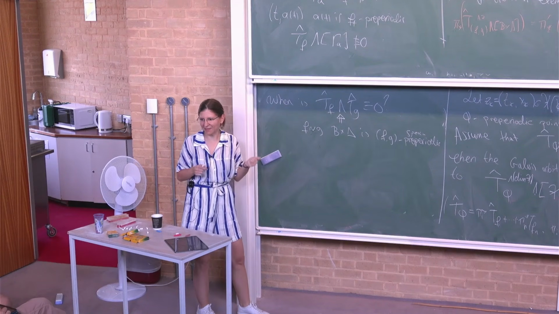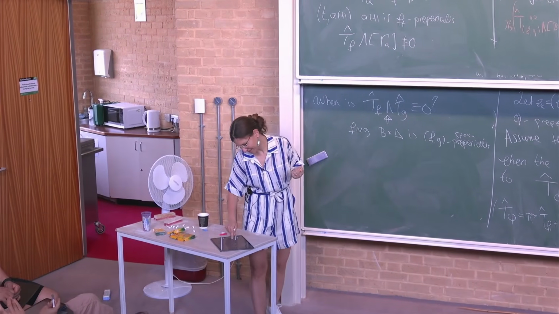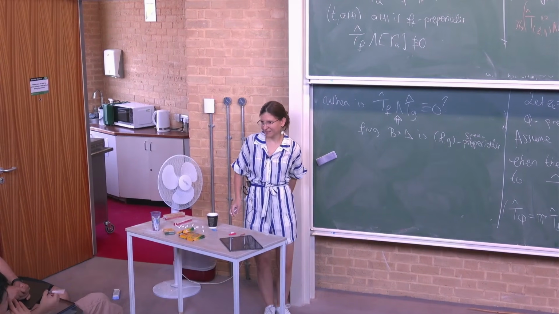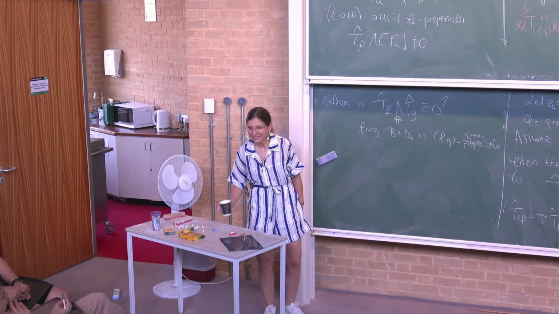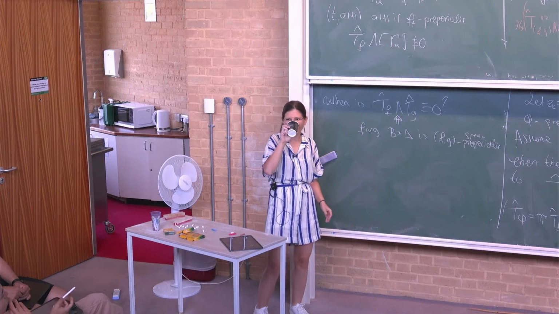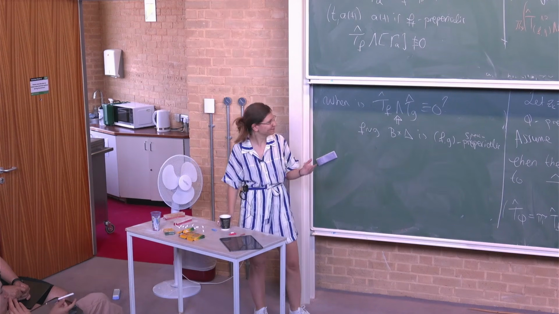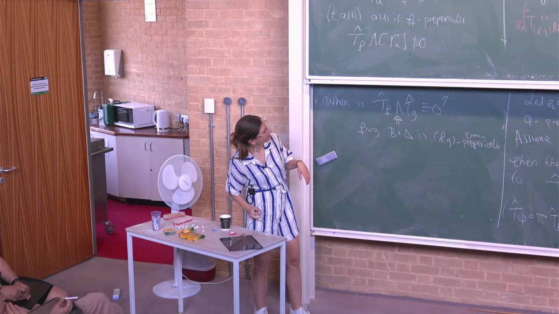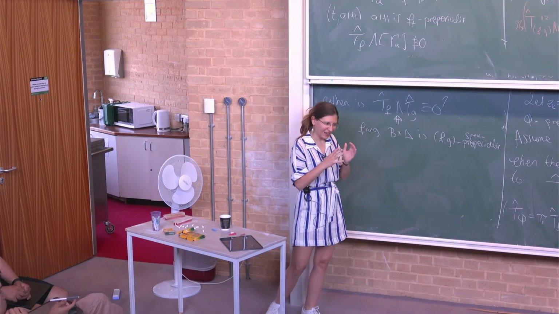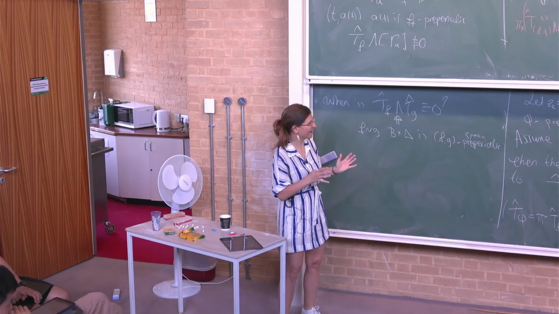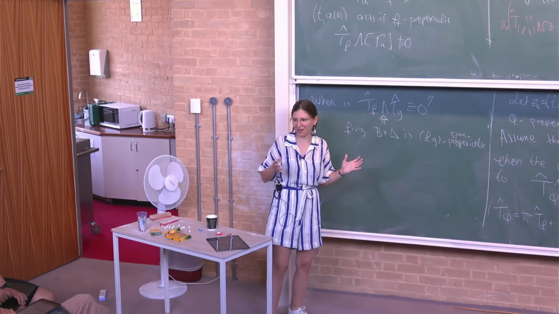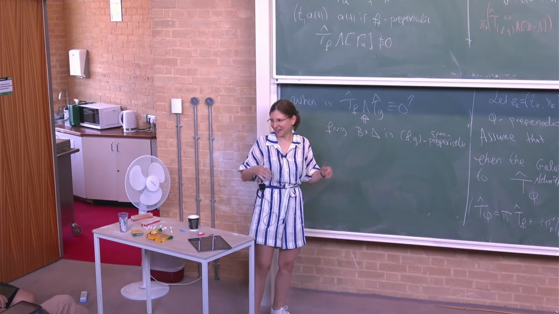How else can it become zero? If I square something that lives in a one-dimensional space, I'll get zero.